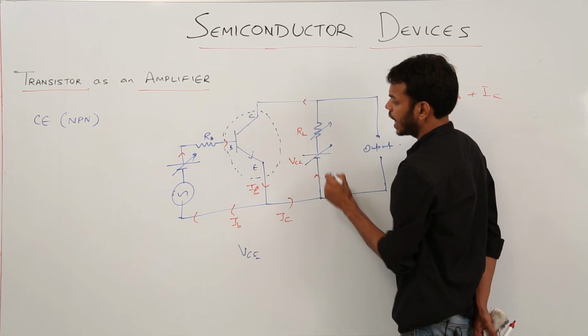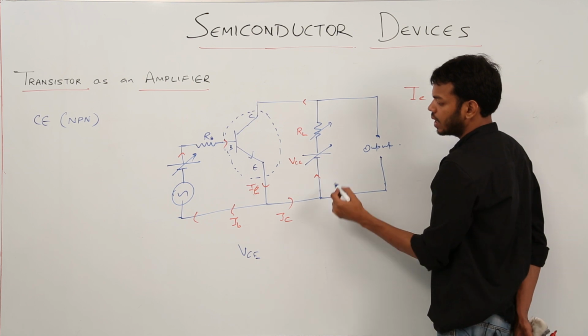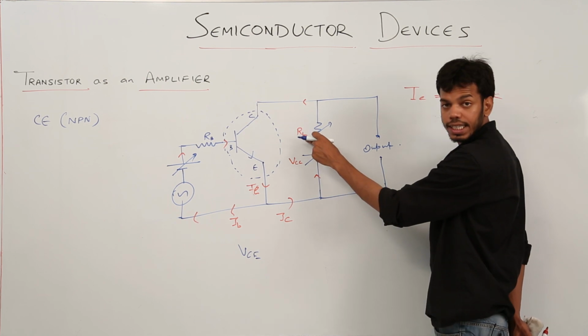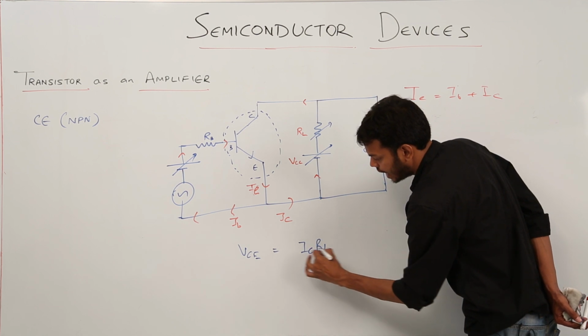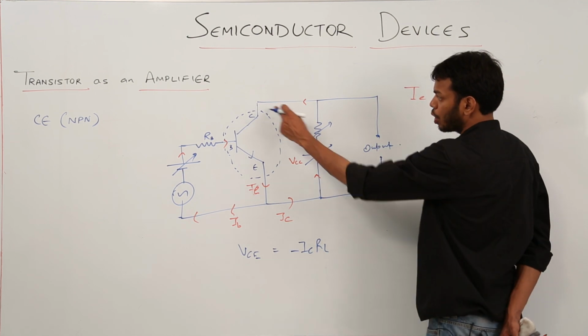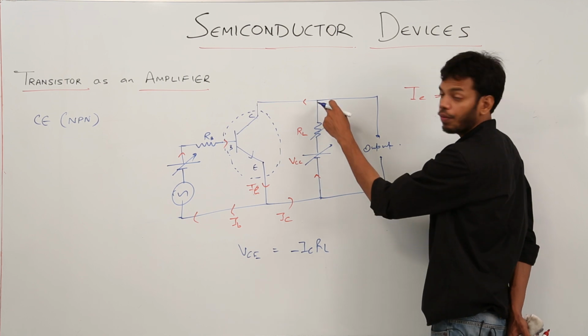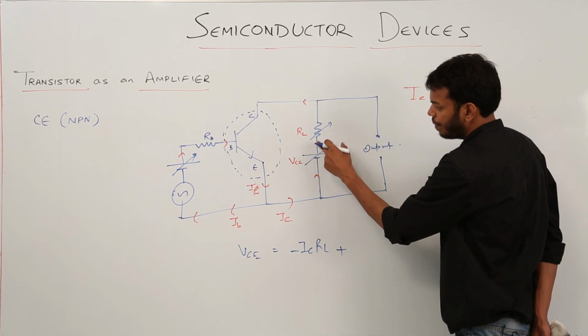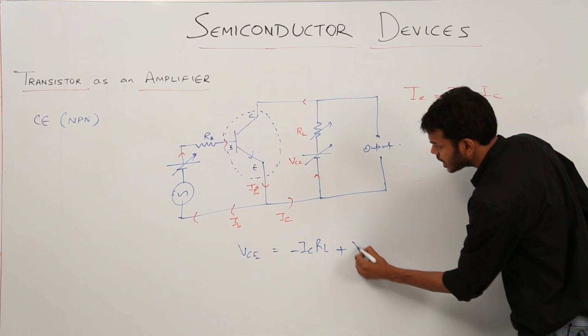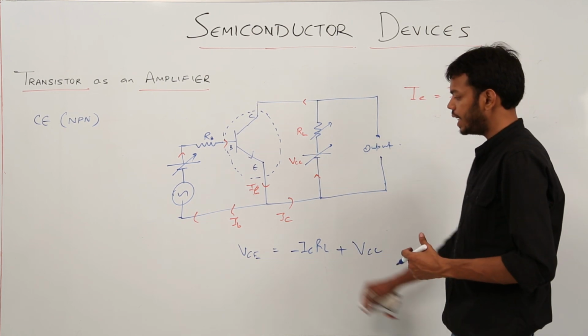I am going in this direction. So first of all, I get the product of collector current and resistance, ICRL, with a negative sign. Why? Because I am going in this direction and current is going in the upward direction, so minus ICRL, and plus, I have met the positive terminal of the battery, so plus VCC. This is the equation, right?